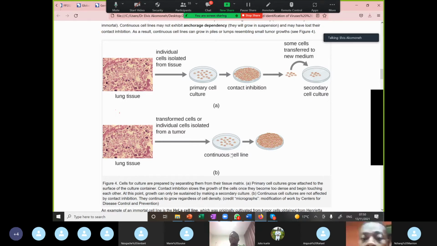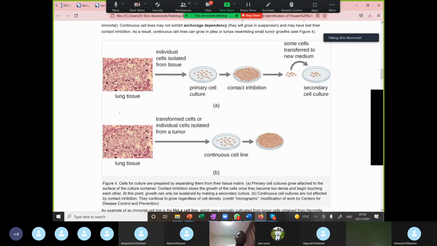The other situation is that these cells have been transformed to divide infinitely. So they can divide unrestrictedly. Again, this is a phenomenon common in cancerous cells. A cancerous cell will divide and divide and divide. Nothing stops it from dividing.